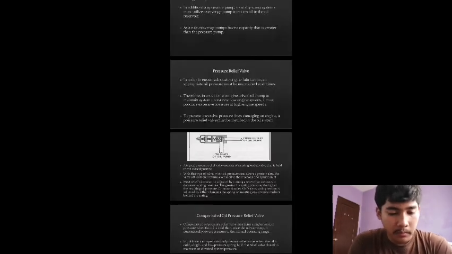Oil is picked up by the gear at the pump inlet and then becomes trapped between the teeth and housing as the gears rotate. The trapped oil is released at the pump outlet.